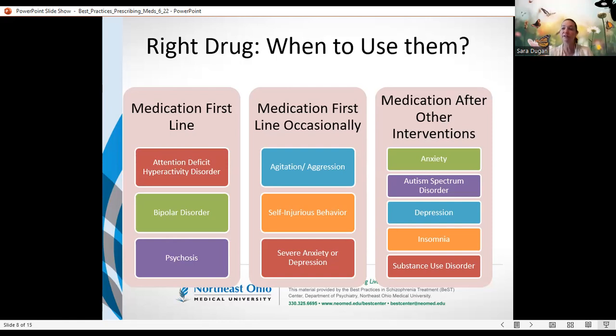Or if the severity is relatively high, maybe we want to try psychotherapy or cognitive behavioral therapy for anxiety or depression. But if those symptoms are really, really severe, maybe we need the medicine on board as well. So not always automatically jumping to them, but recognizing that there's going to be situations where we may use medicines earlier on than not.